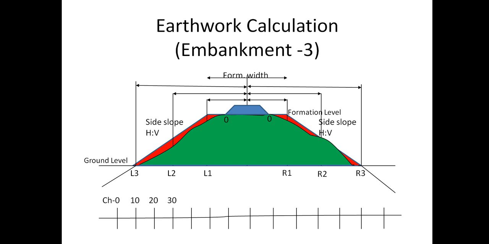Left hand side you can separately take levels and compute, and right hand side you can separately take levels and compute. On the left hand side, what you have to do here is keep the bottom of the ballast formation profile at 0. Then suppose this cess width, for example, may be 1.2 or 1.5 meter according to standard.